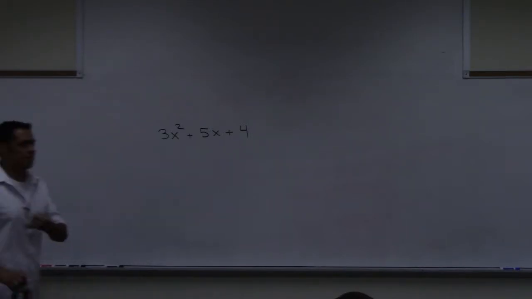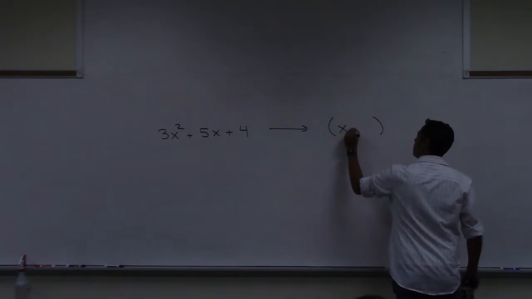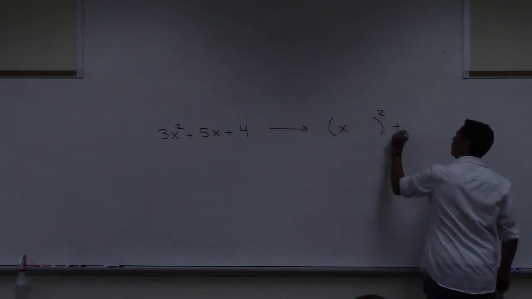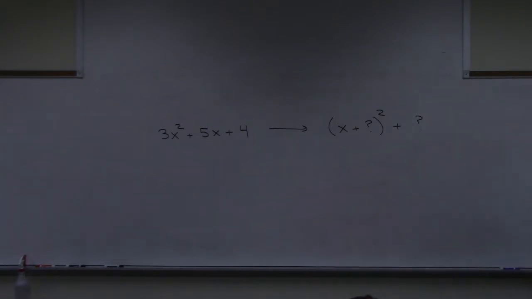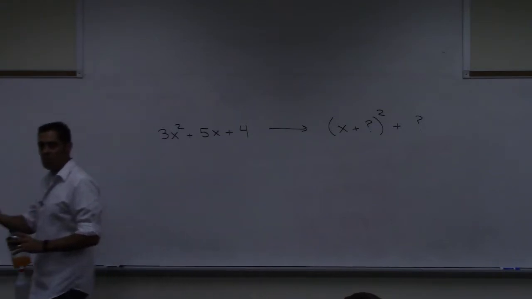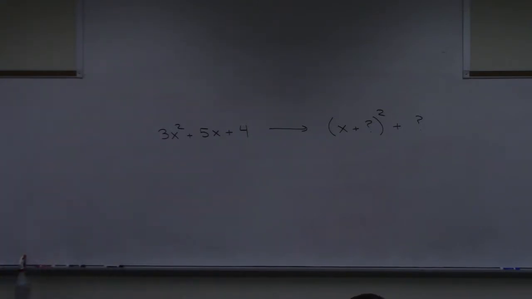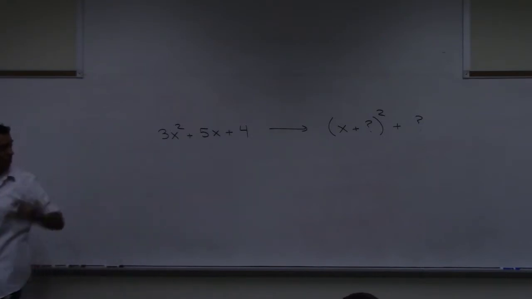The goal of this is to turn this into that. And believe it or not, in Cal 2, you need to be able to do that in order to solve a problem. Like the quadratic form right here is no good for what you're trying to do. You need it to look like that. So you just have to trust me that this is needed, all right?